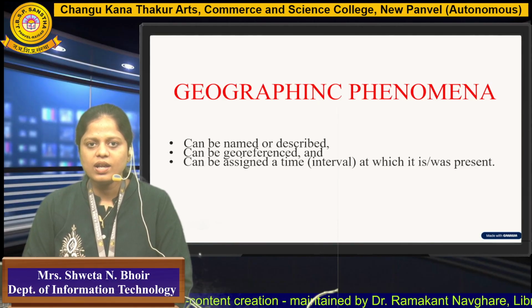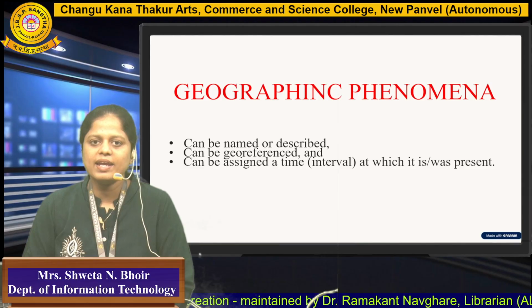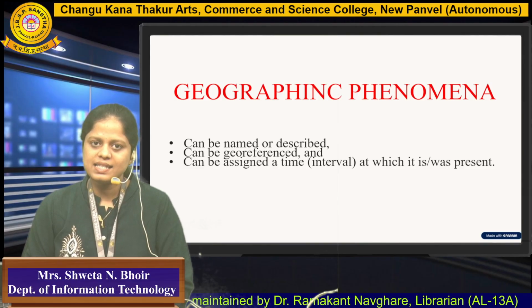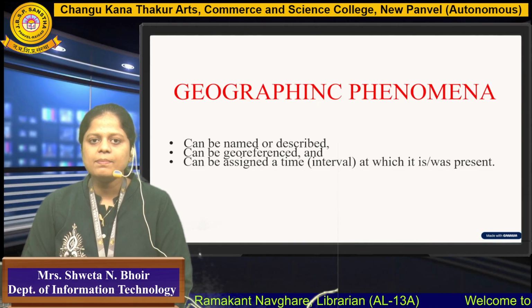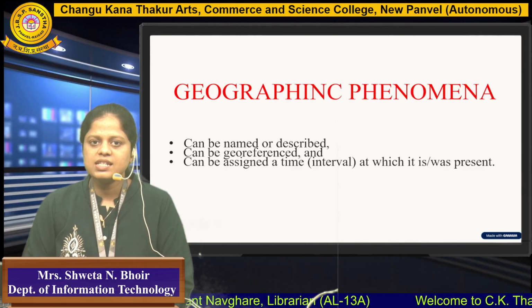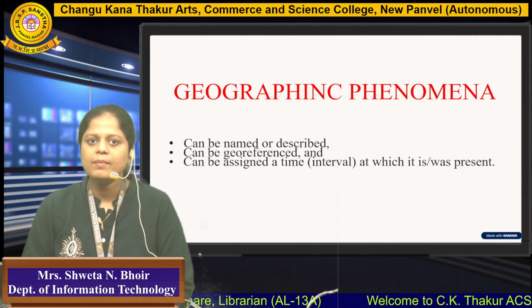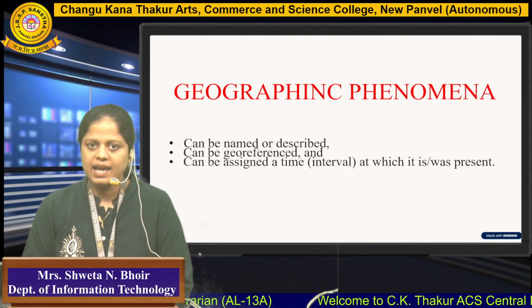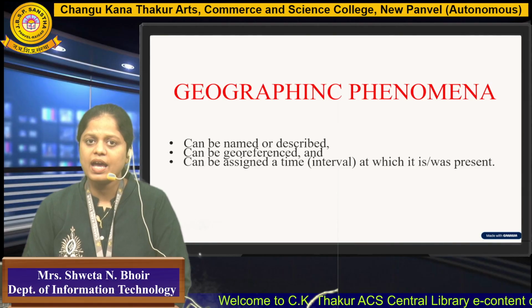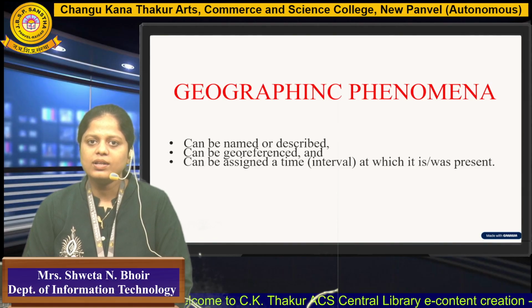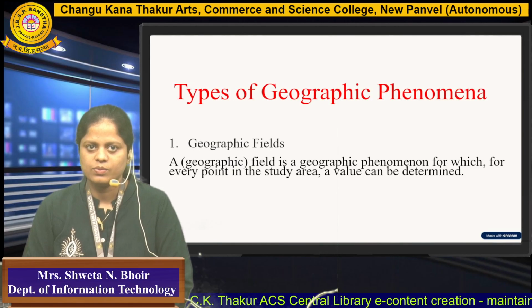Whenever you are living in any environment, the environmental data, that reference or map together, is a georeference, which is the area related to the land surface. And it can be assigned an interval at which it was present. So we are using the interval for geographic phenomena also.